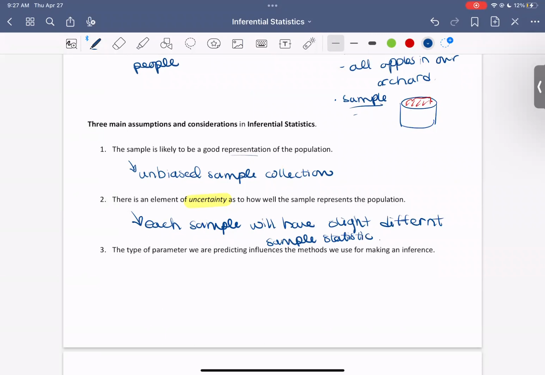The proportion or the mean for each sample is going to look a little different, so there's some variation when we collect data on a sample.